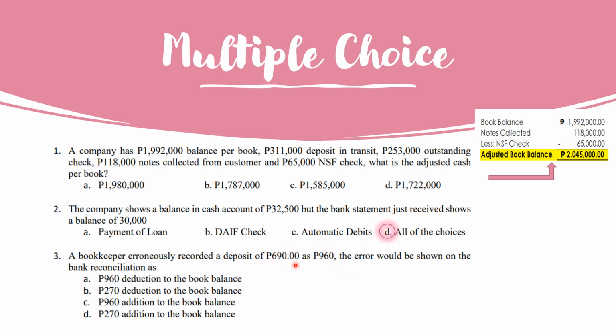Dapat 690 lang. So, meaning, sobra yung ni-record ko. So, to correct it, dapat babawasan ko yung ni-record ko para maging 690 na lang yan. So, to do that, the answer should be a 270 reduction to the book balance.